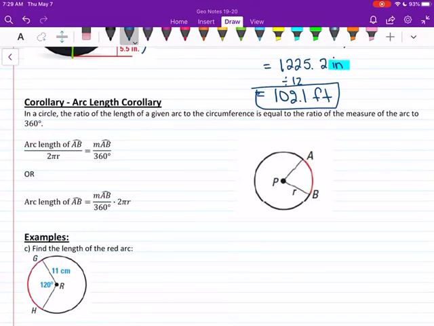So what is meant by an arc? Basically, we have two things here. We have arc length. Arc length is the distance of, like, the crust of a slice of pizza. So it's the distance of part of a circumference.